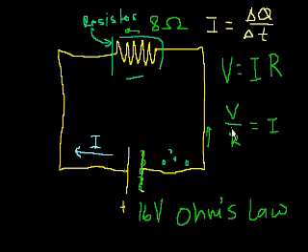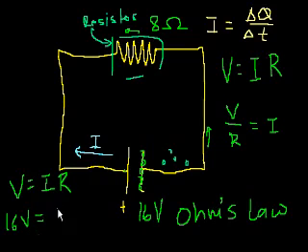Well, it's fairly straightforward. We say Ohm's law, V equals IR. Voltage is 16 volts, and it equals the current times the resistance, 8 ohms.